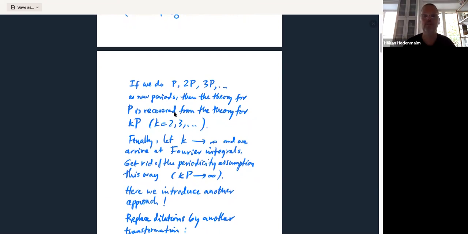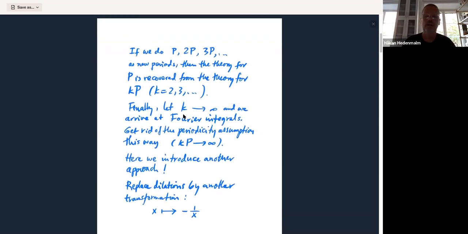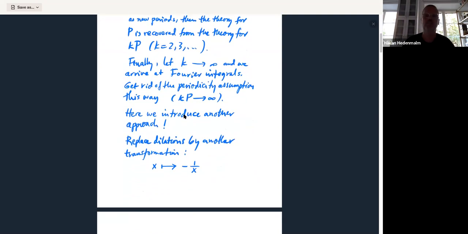It's a well-known theory. You can get the theory of tempered distributions and so on. So we can get a lot of things out of this. But here, somehow, it's of interest to introduce another approach, to represent bounded functions.